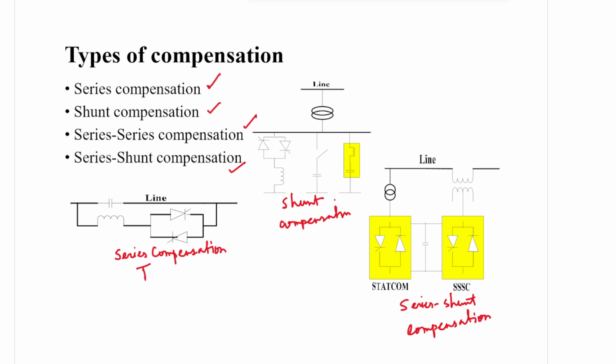This is typically called TCSC. I'll discuss later on. Thyristor controlled series capacitor. This shunt compensation is called TCR, thyristor controlled reactor, and this is called UPFC, unified power flow controller.